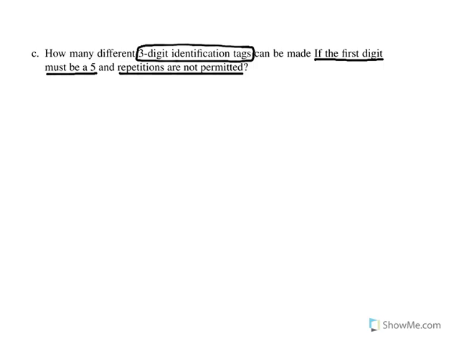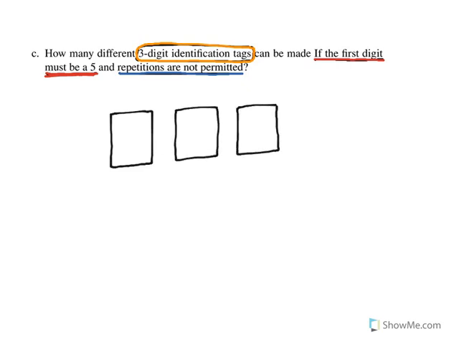So let me give different colors for this. The first digit must be a 5 and repetitions are not permitted. And of course, you remember that it should be a 3-digit identification tag. So again, you draw the 3 squares to put all the possibilities in them.